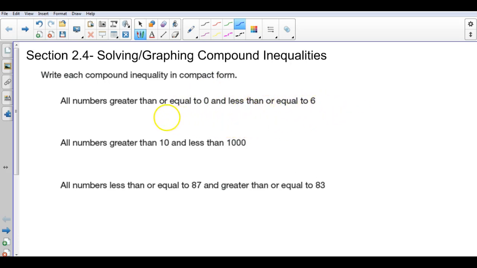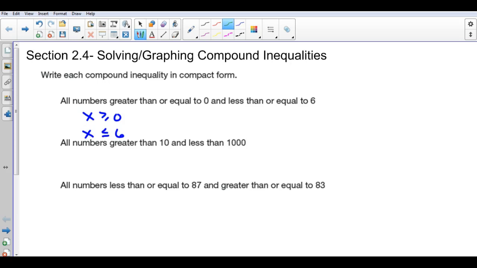So what I'm going to do is write two inequalities first. I'm going to say x is going to be the number that's greater than or equal to 0, but I also want it to be less than or equal to 6. So it's going to look something like this for my two inequalities.